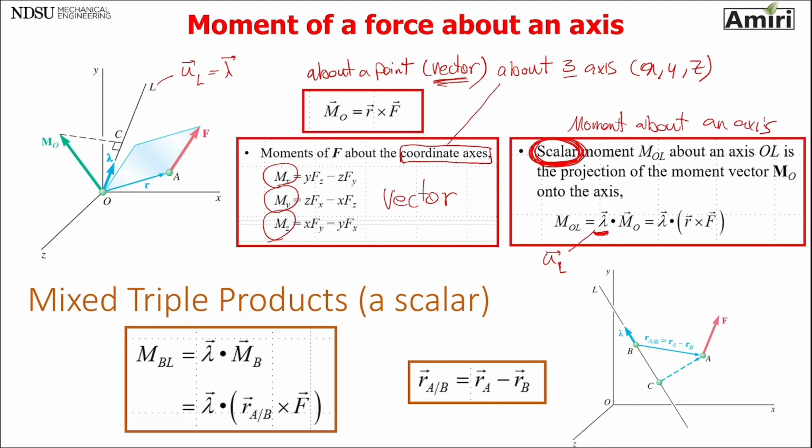Moment about the point is a vector cross vector, which results in a vector. This one is the dot product of two things: vector dot vector results in a scalar. Some textbooks call it mixed triple products. So again, I want you to be familiar with that term, and if you see it somewhere, don't get confused.